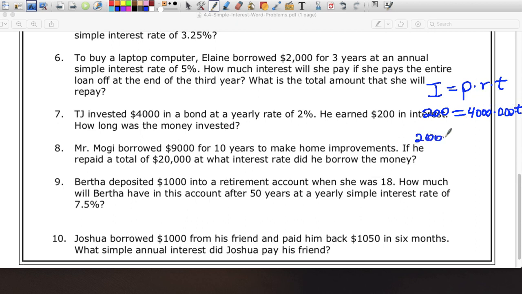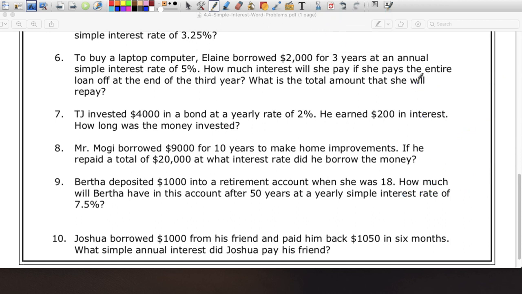So 200 equals 4,000 times 0.02. 0.02 times 4,000 equals 80, 80t to be more precise. Divide both sides by 80. And T equals 200 divided by 80, which equals 2.5. And again, that means that you left that money in that bank for 2.5 years.